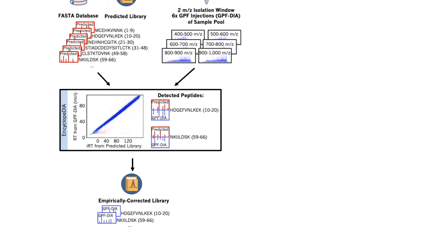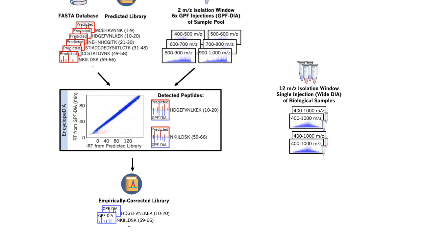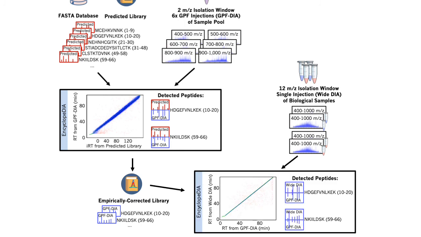And now that we know the specific DIA-based fragmentation and the exact elution characteristics for each peptide on our instrumentation in our matrix, it's much easier to look up these peptides in wide window DIA experiments that we do afterwards, where the chromatographic information from the gas phase fractionation and the wide window DIA is exactly the same because it's working within the same matrix.